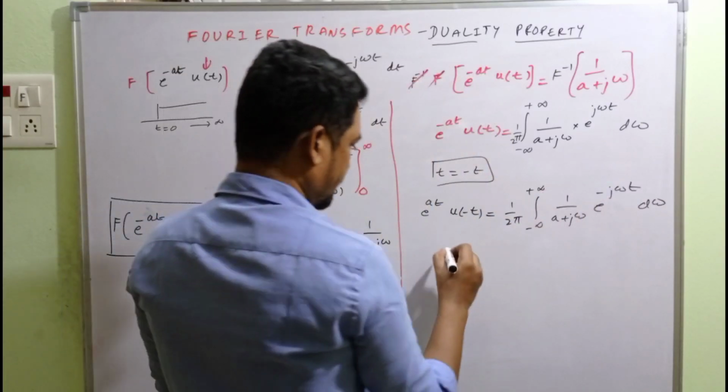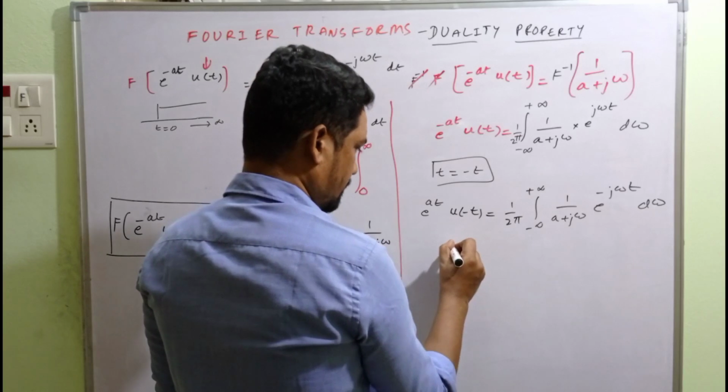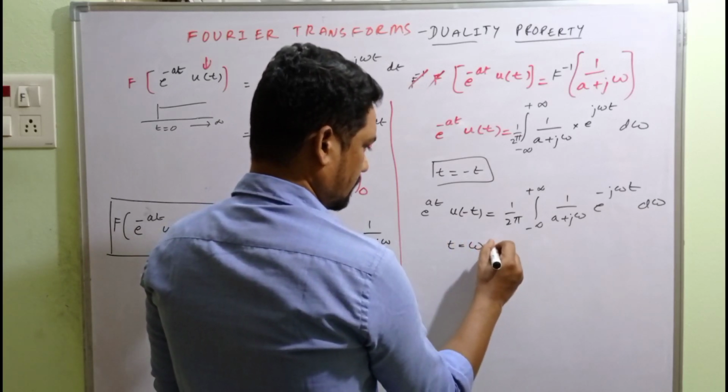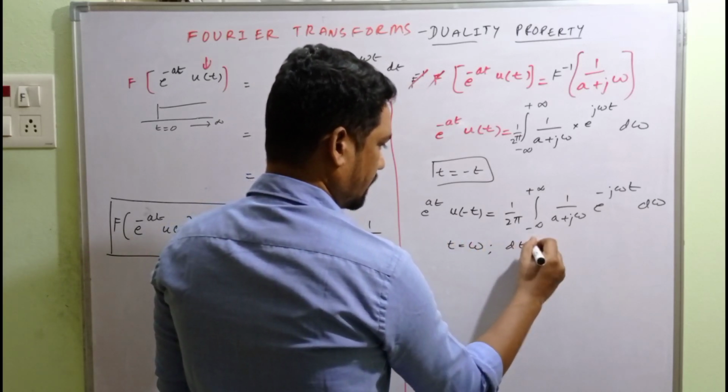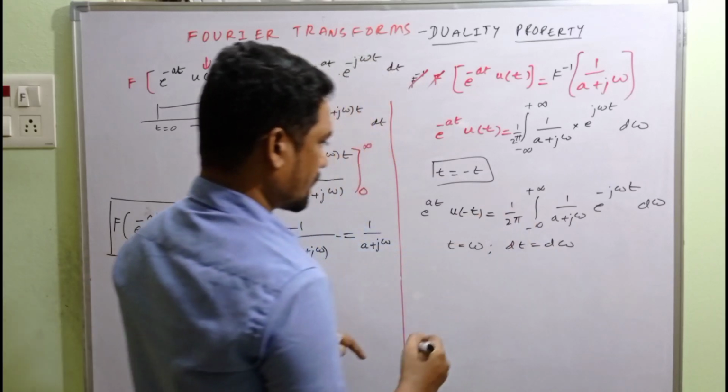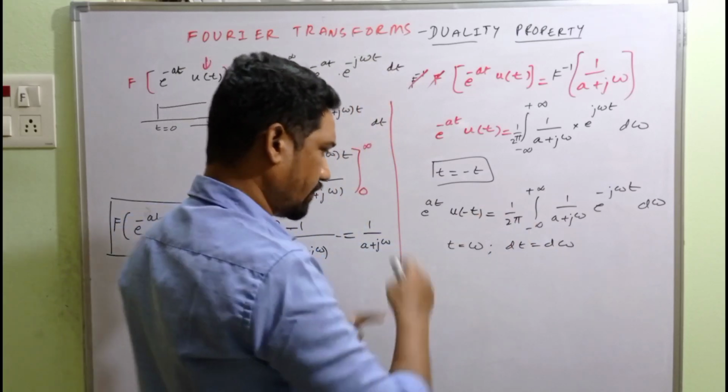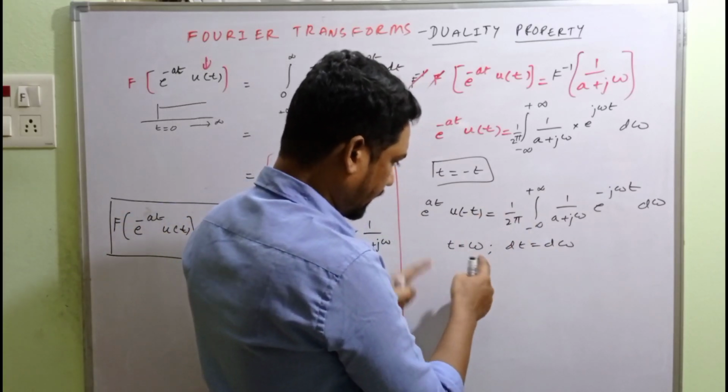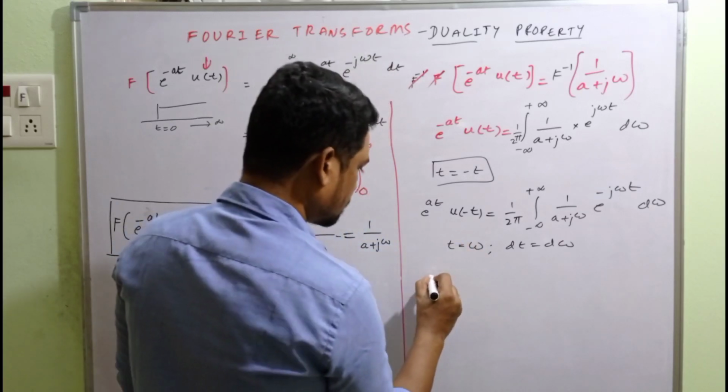Now, the same duality property, t equal to omega, gives us dt equal to d omega. With this transformation, wherever there is t, we plug in omega.